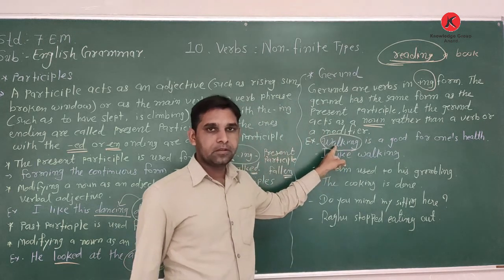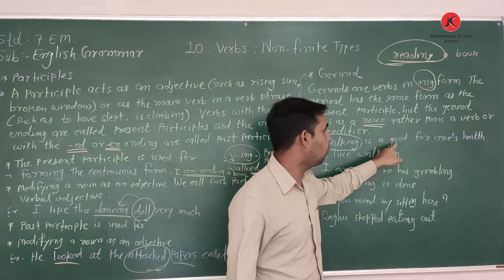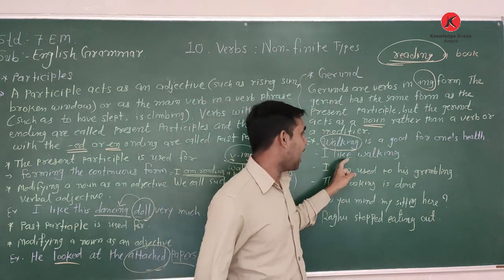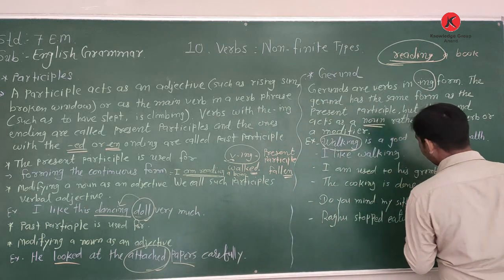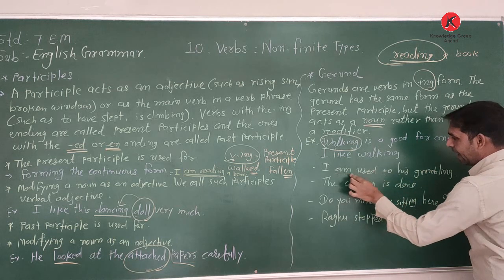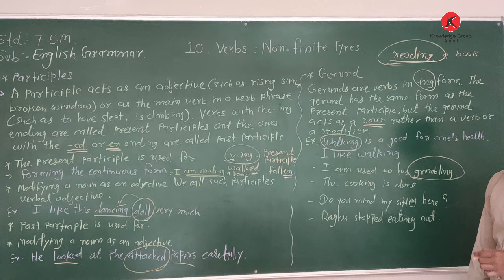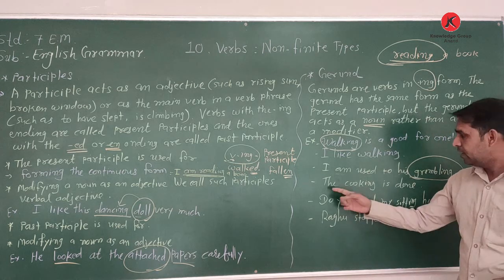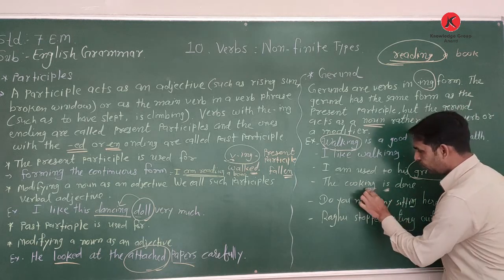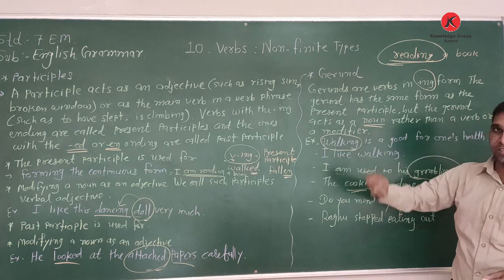Look at the examples. Walking is good for one's health. I like walking. I am used to his grumbling. This is the gerund used as a noun. The cooking is done: here is is the verb, and before that we use cooking as a noun form, which means a gerund.